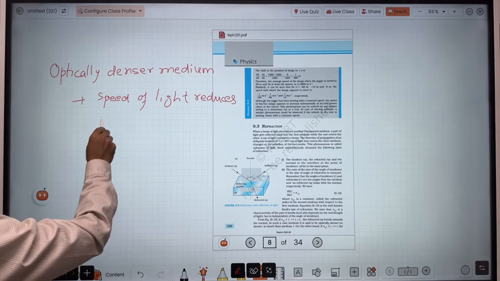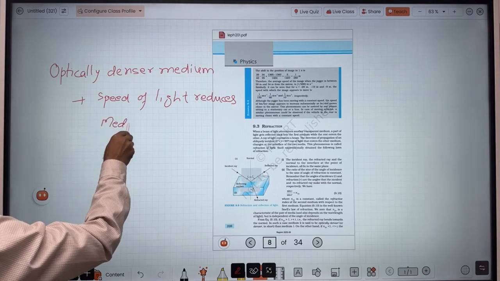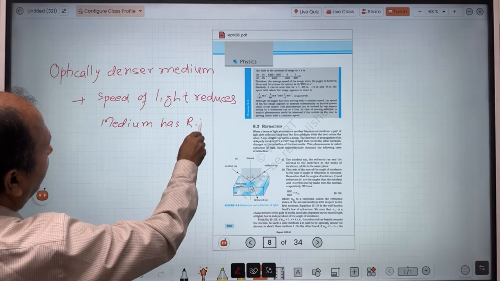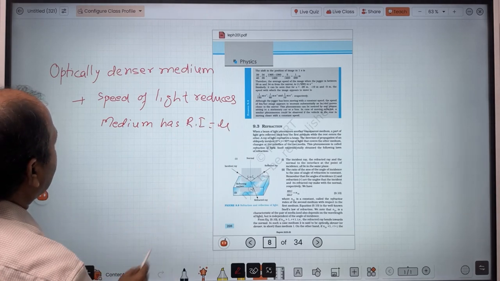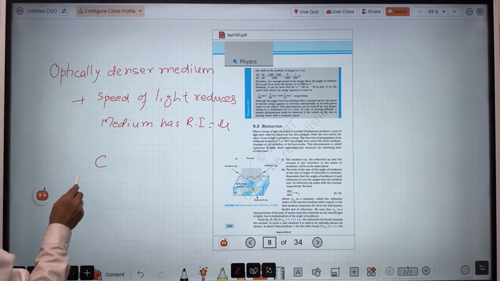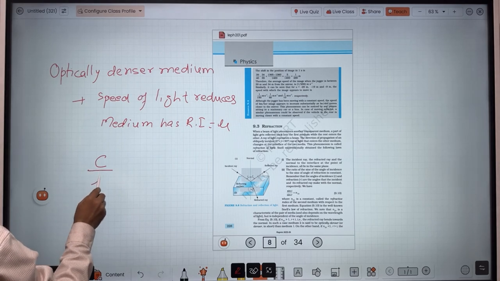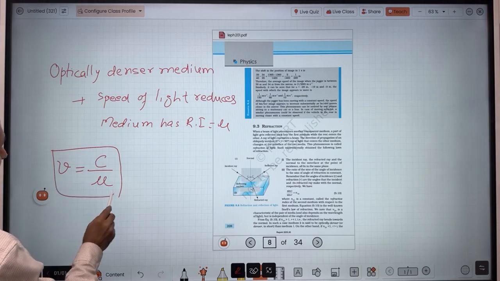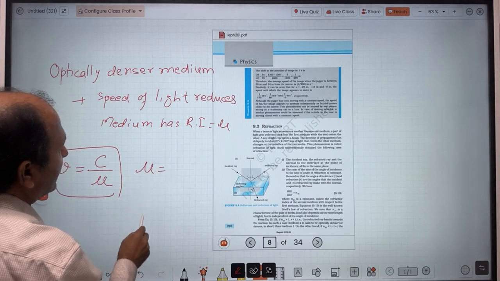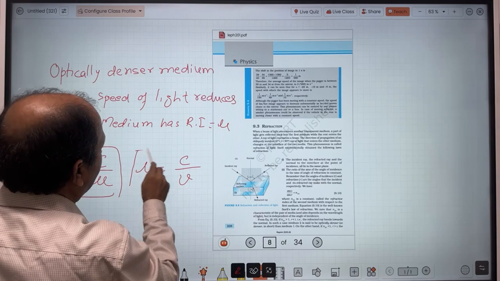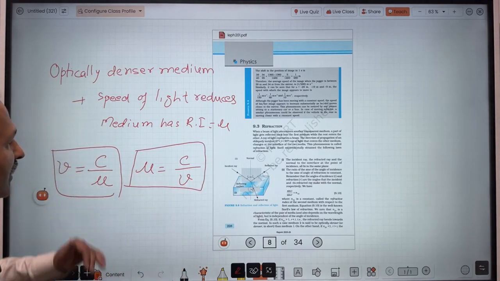If that medium has a refractive index, say mu, the speed of light in that medium will be c upon mu, or we can say mu equals the speed of light in vacuum divided by the speed of light in that medium.